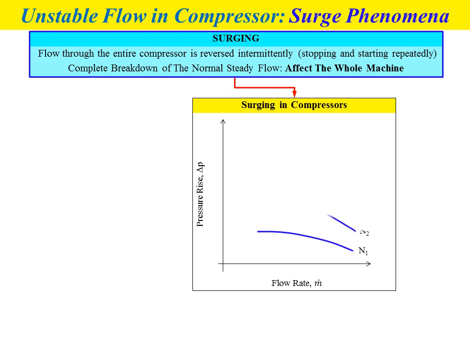In this compressor map we have a number of different curves for the rotational speed. So we have constant speed lines n1, n2, n3, and n4, where n4 is greater than n3, n3 is greater than n2, and n2 is greater than n1.